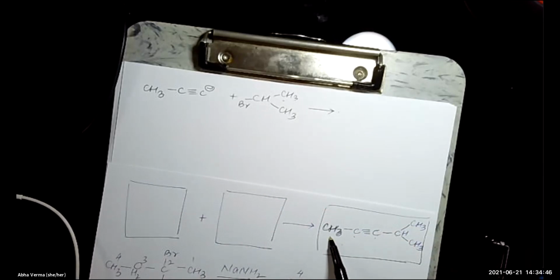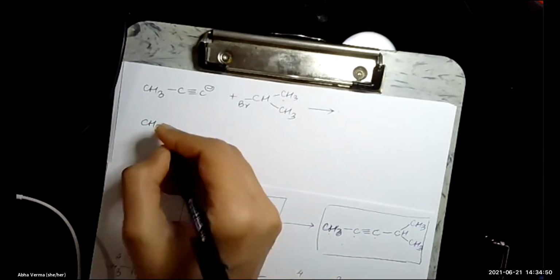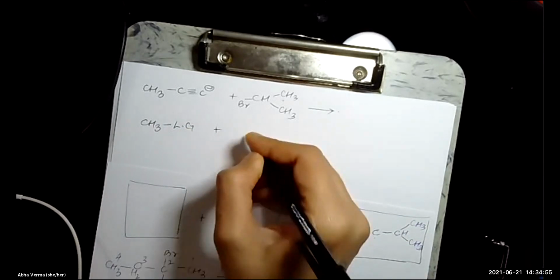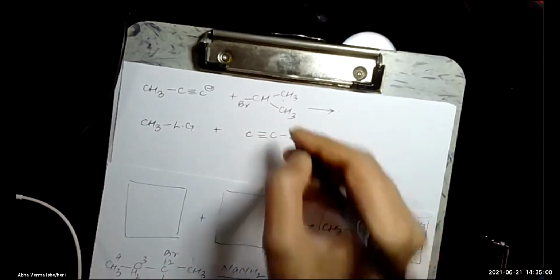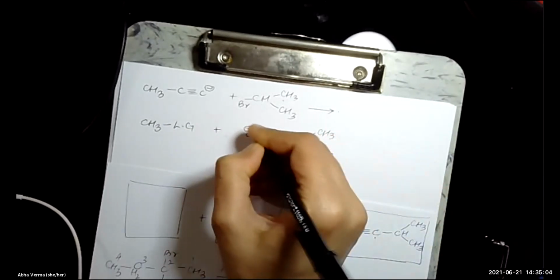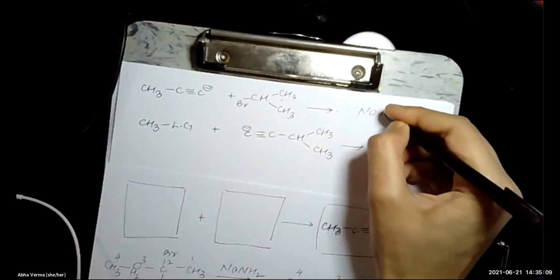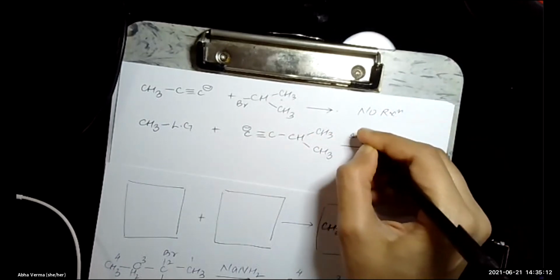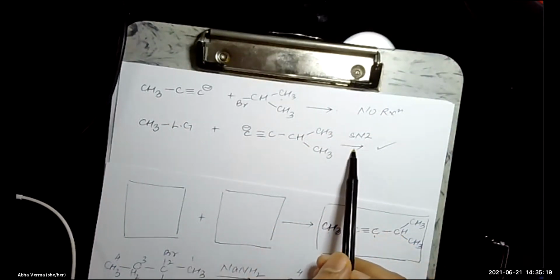And so, if I use this reagent, CH3 with my leaving group, plus this carbon right here, CH, CH3, CH3, will this reaction go? Yes, SN2. So do not forget your earlier modules also.